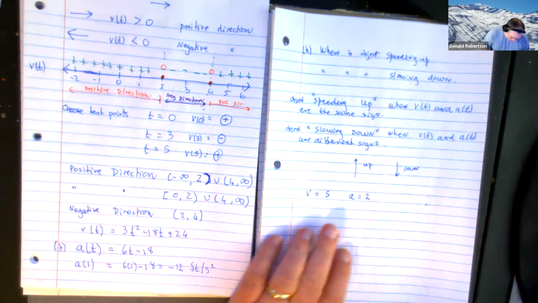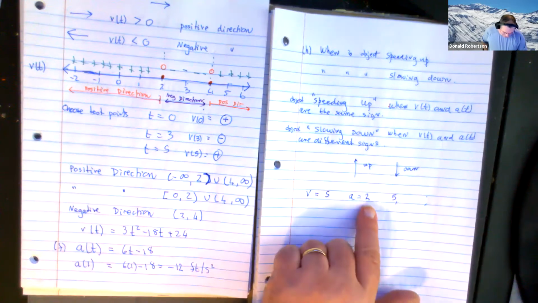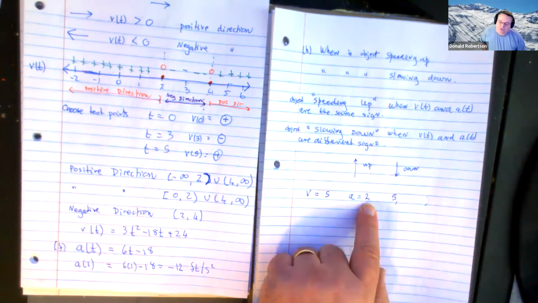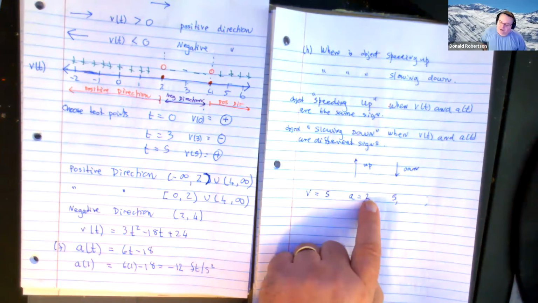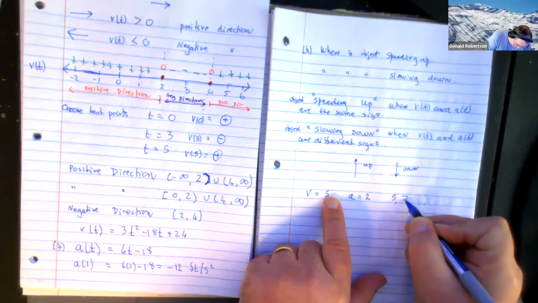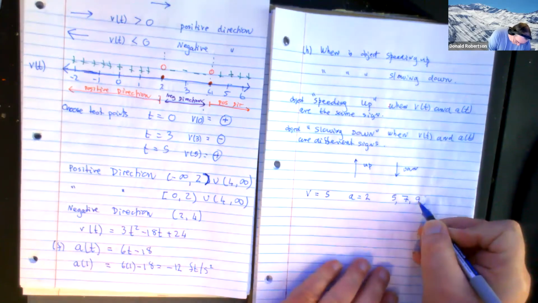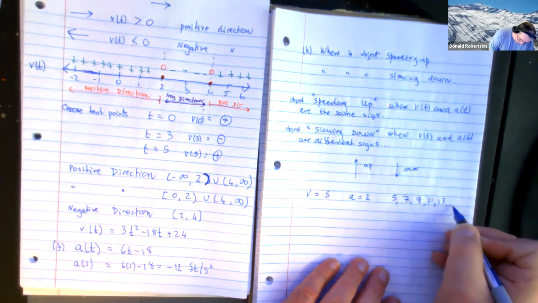You start off with a velocity of 5. The acceleration of 2 tells you how velocity is going to change through time. After a second, the velocity will become 7, and then another second it's 9, then 11, then 13.